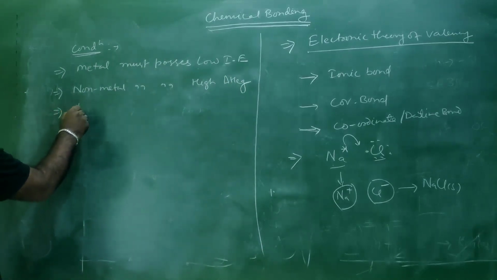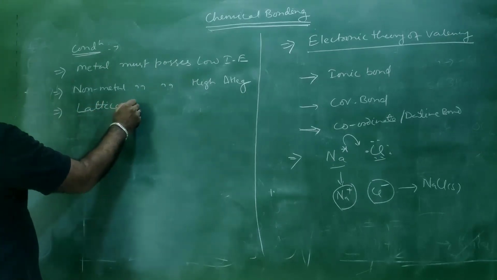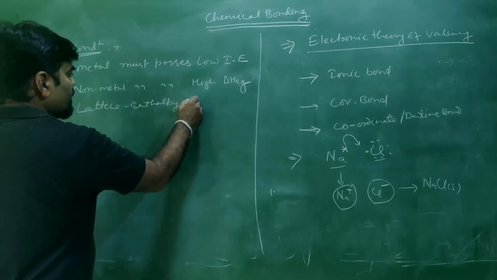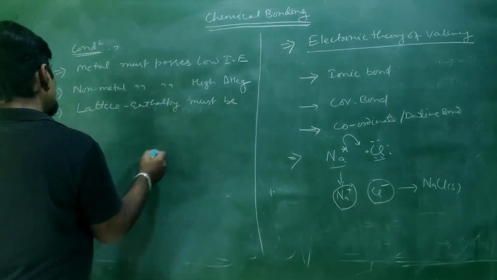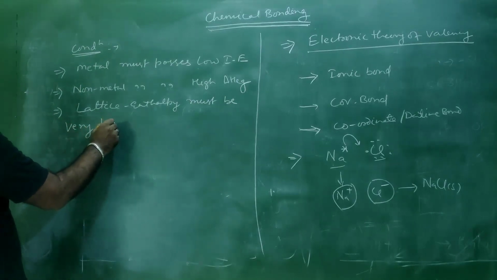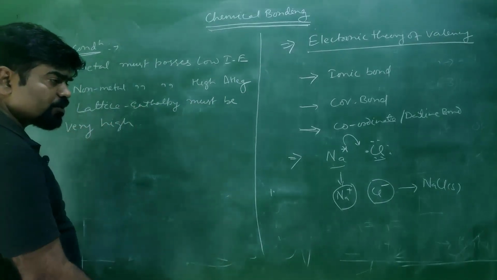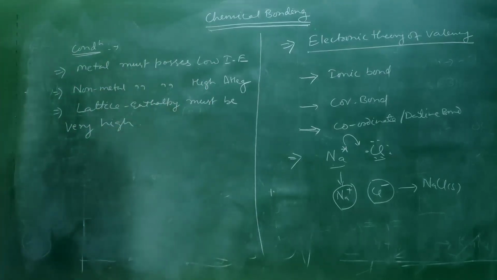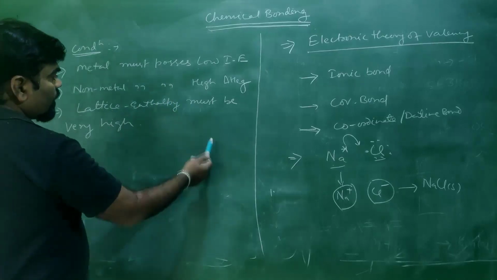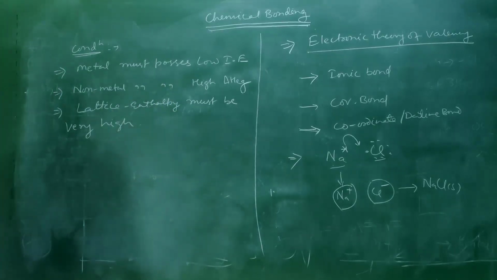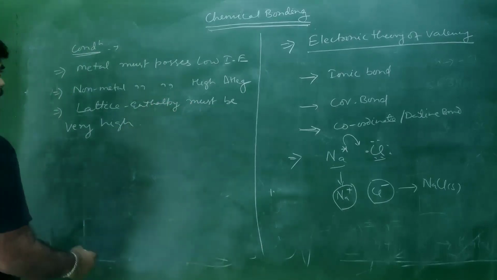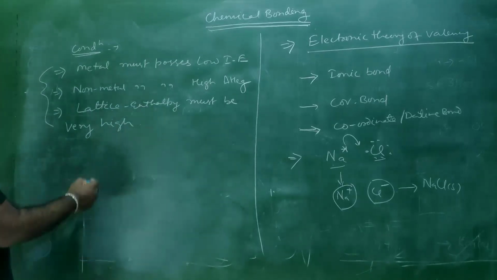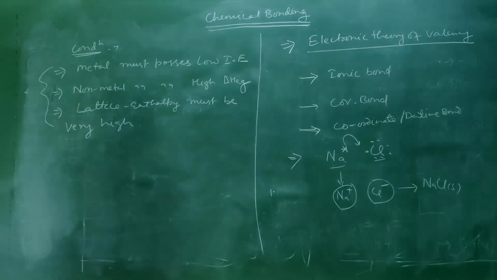And then lattice enthalpy must be very high. So metal must possess low ionization energy, non-metal must possess high electron gain enthalpy, and lattice enthalpy must be very high for the formation of ionic bond. These three are the major conditions for the formation of ionic bond.